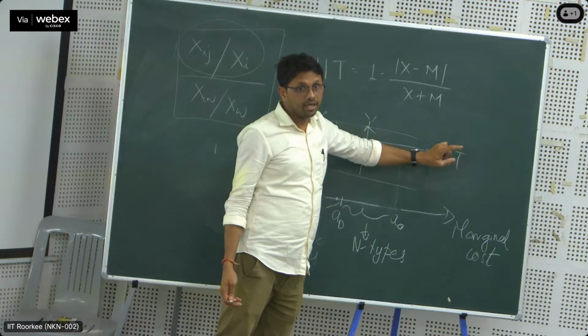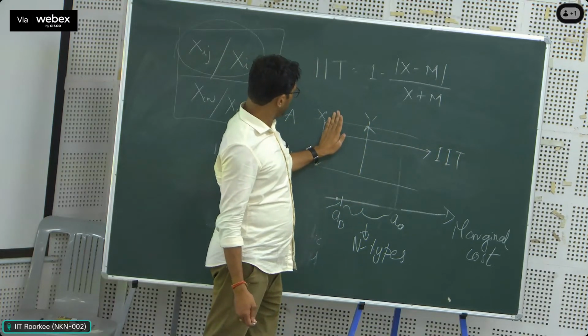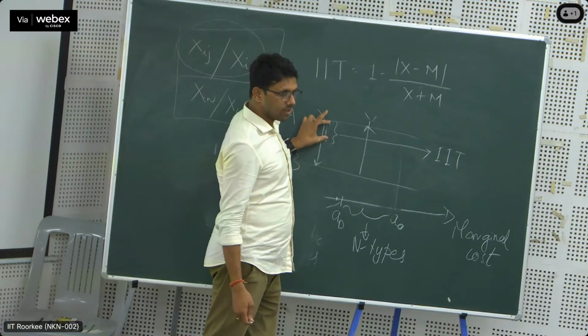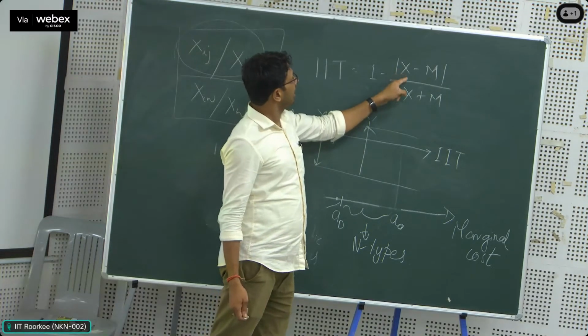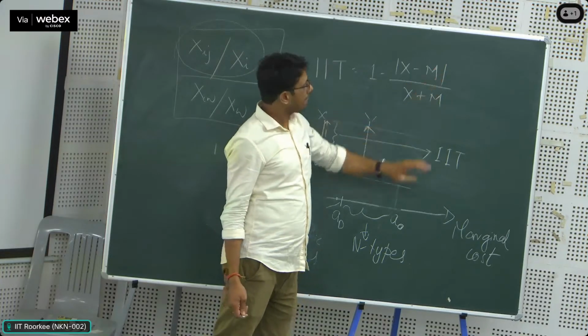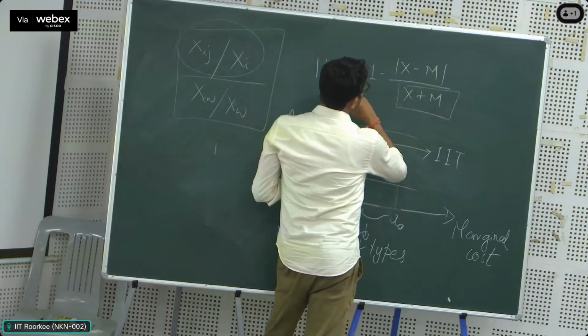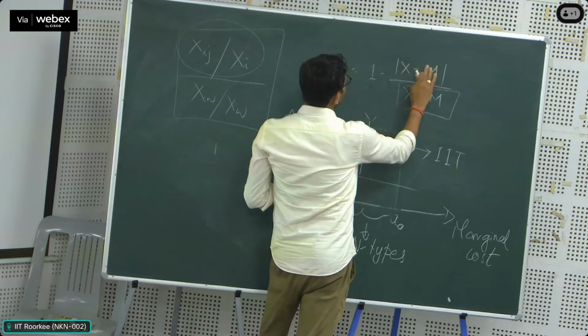If it is completely inter-industry trade, not IIT, that means the import part is 0. If we are exporting, importing of that sector is 0. So this is our total trade, and this is only X.